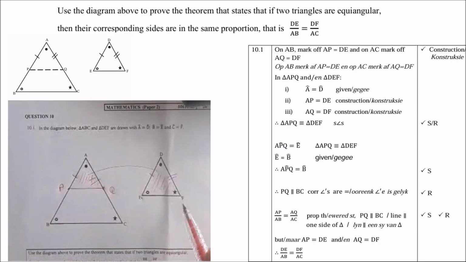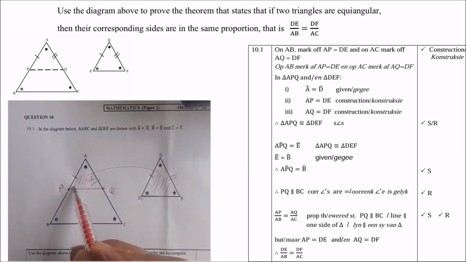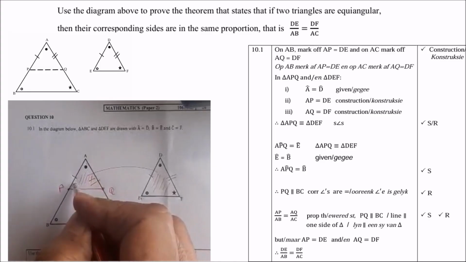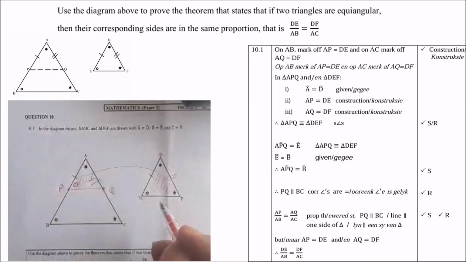Now, if they are congruent, that means that this angle APQ here is equal to angle E, right? So I can also put a circle there. And of course, angle E is equal to angle B, like that we know from the given.